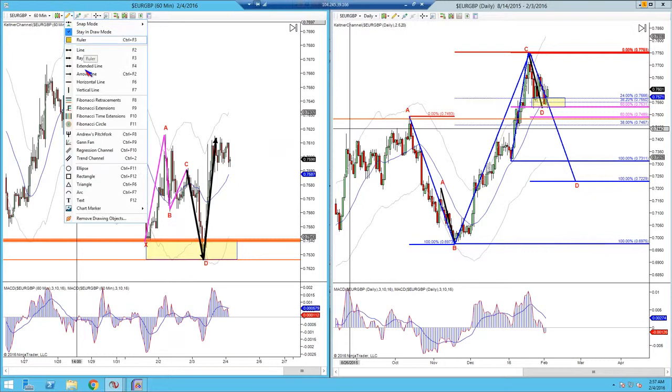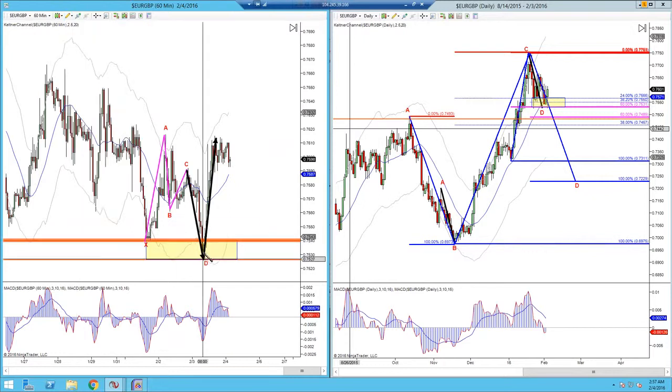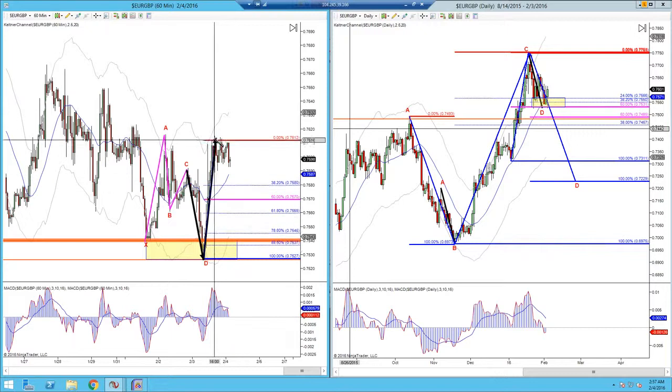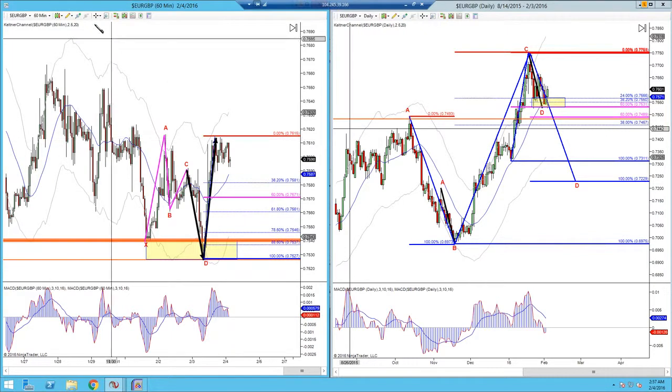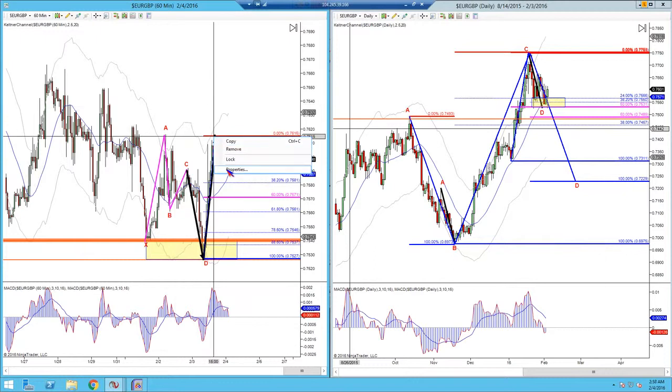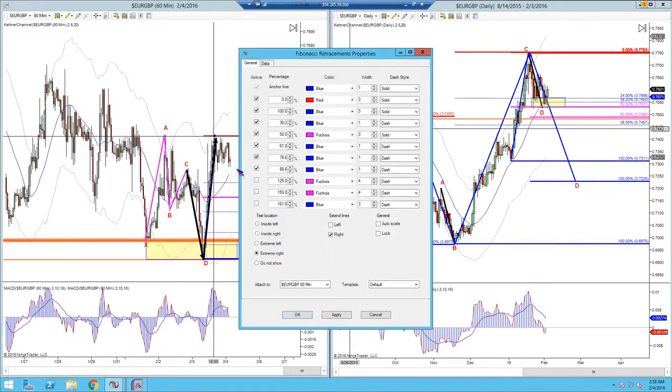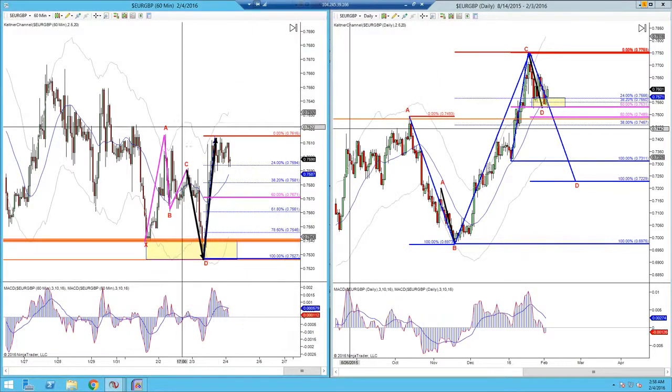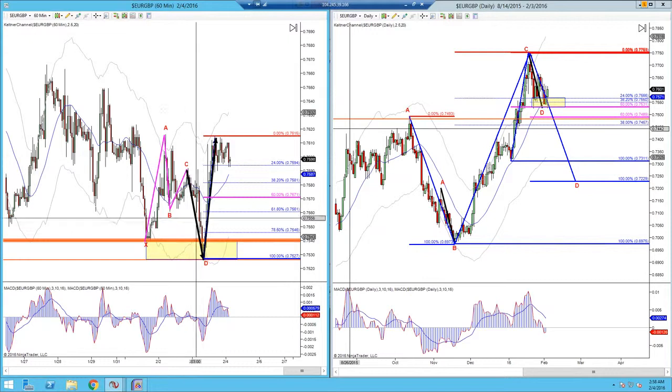We're going to look at retracement from here to here. I'm also going to make this a 24%, and then I'm going to take this also.